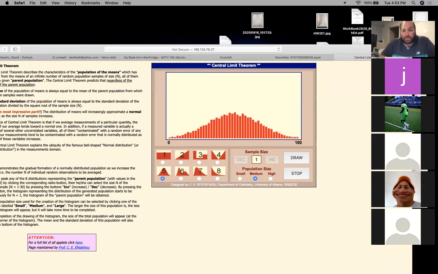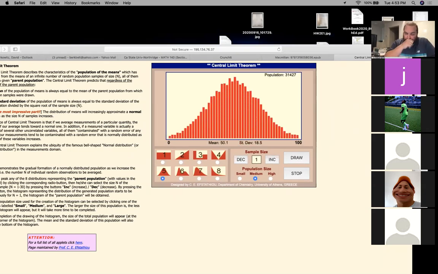Okay. So here we have a situation where the underlying distribution is this shape. What kind of shape is this? Bell. That's a bell curve, right? And if I take one at a time, I expect to have lots of them occur in the middle and not so many occur on the edges, right?